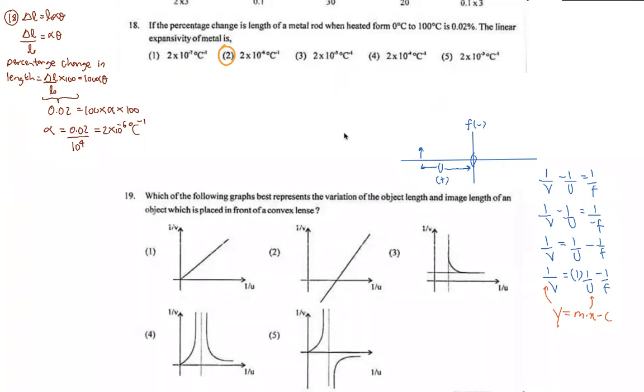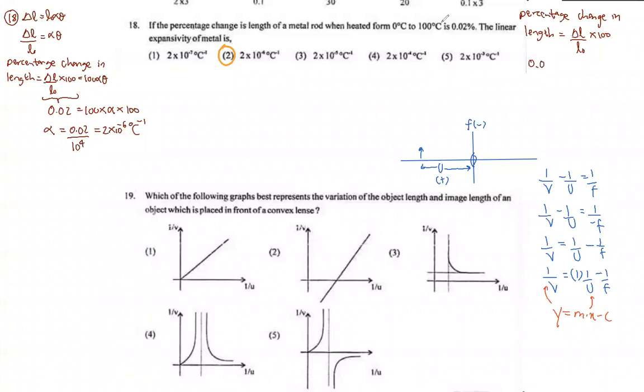Listen, this question now. We know delta L is equal to L naught alpha delta theta. What is the percentage change in length? The equation is change in length over initial length into 100. The percentage change in length is 0.02 given to us.